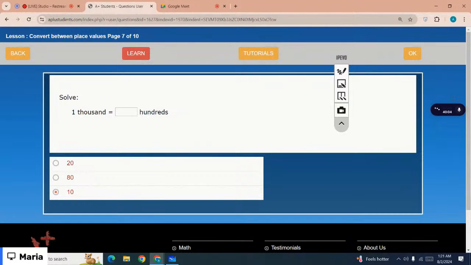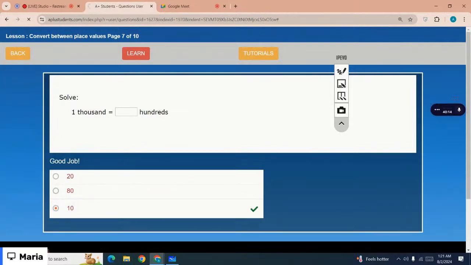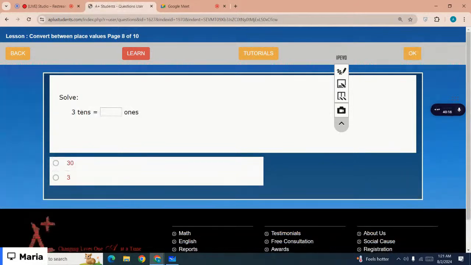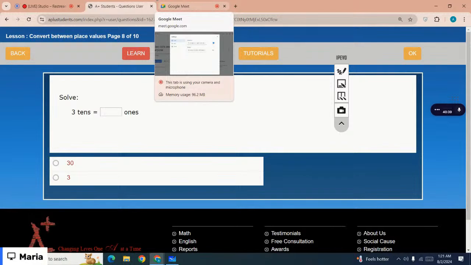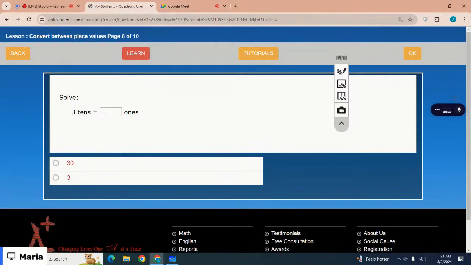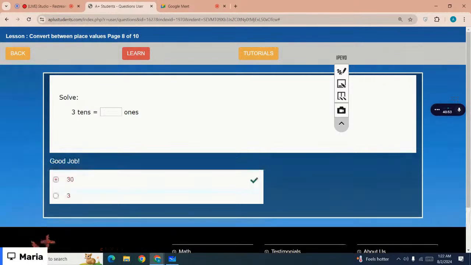The correct option is 10 hundreds. 3 tens equal how many ones? 3 tens equal 30 ones. The correct option is 30 ones. Option number one is the correct option, right?